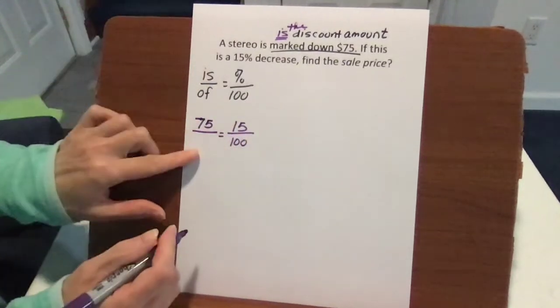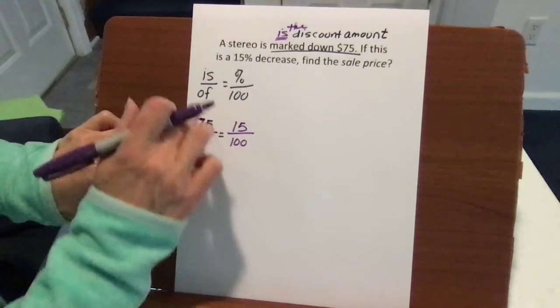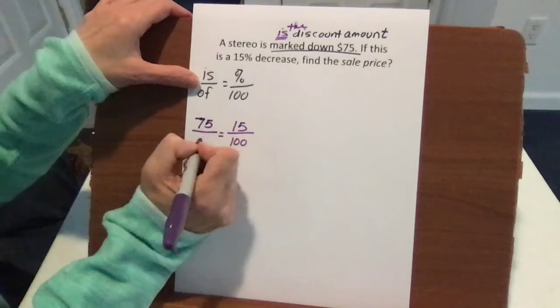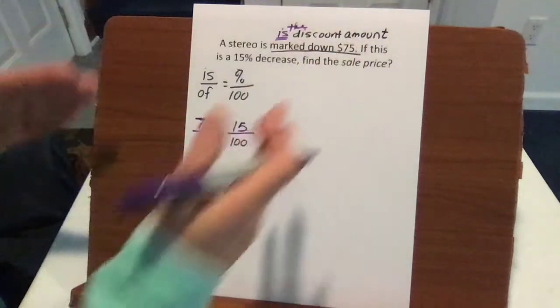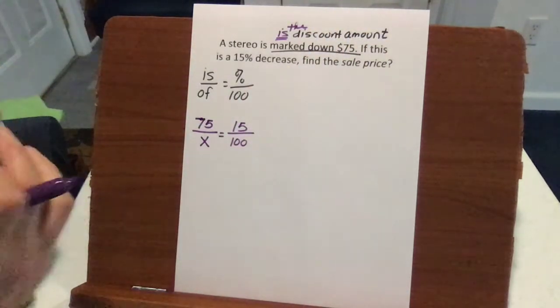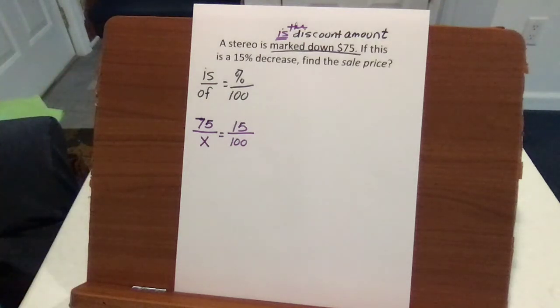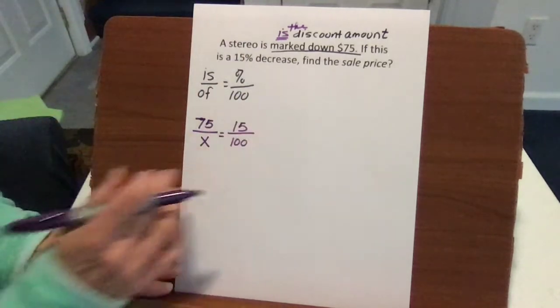What we don't know is what the amount was before we took the 15% discount, so we do not know the of, so that's x. Parsing through the language of the problem is the most difficult part. If we can identify what it was before, which is the of, what the percent is usually pretty easy because it has a percent sign on it.